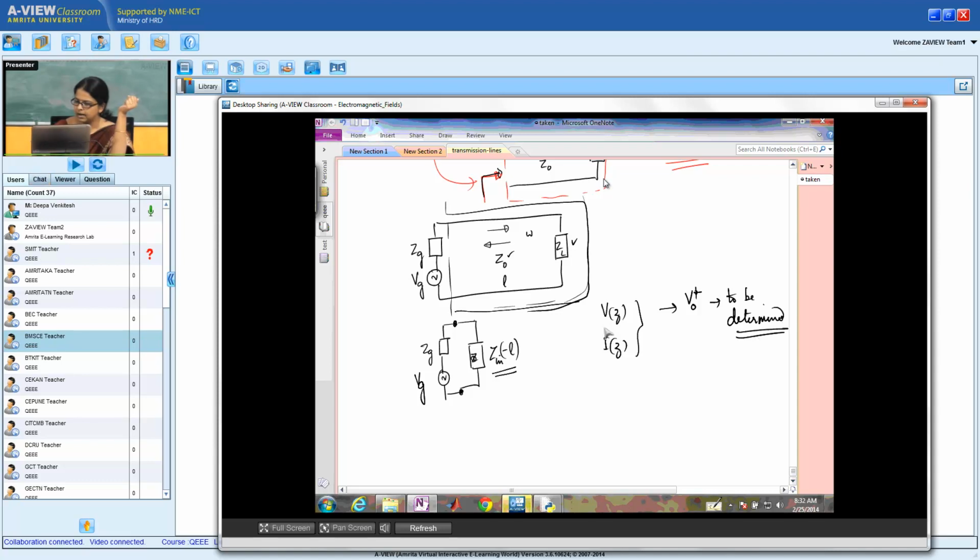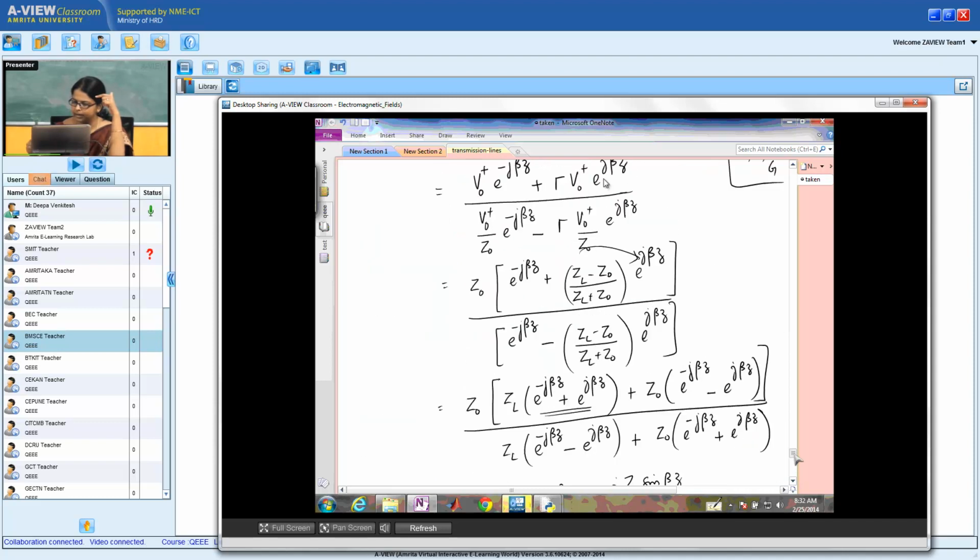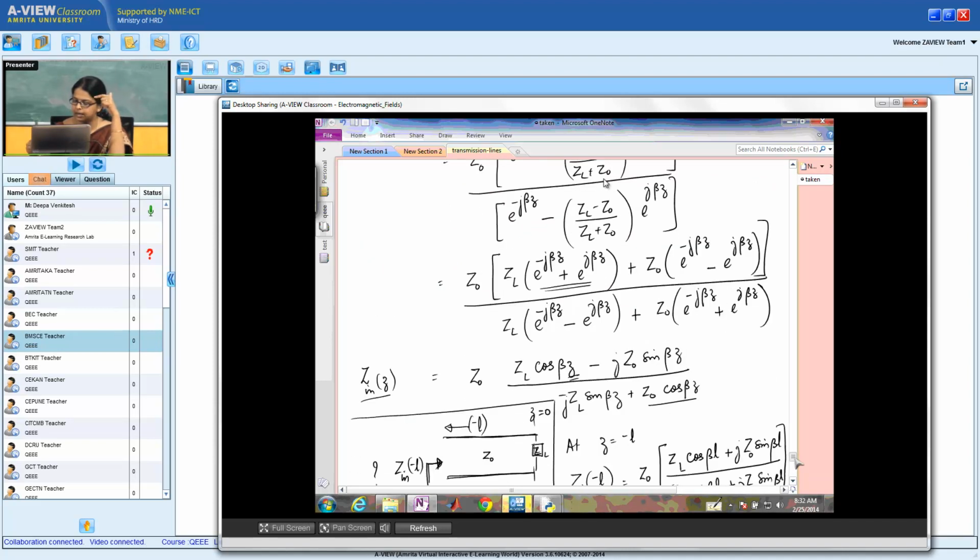Because Vz is V0 plus e power minus j beta z plus gamma, in the entire theory we had a V0 plus and a V0 minus, I0 plus, I0 minus, we had 4 variables.